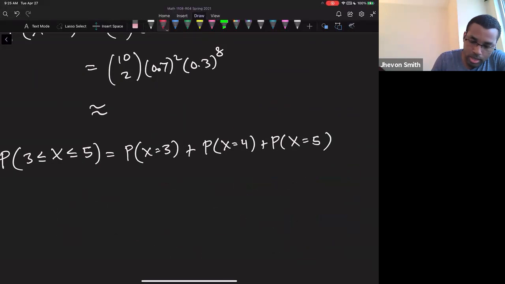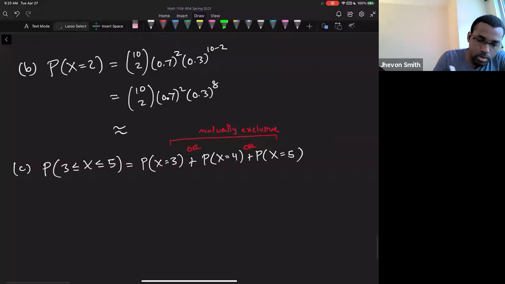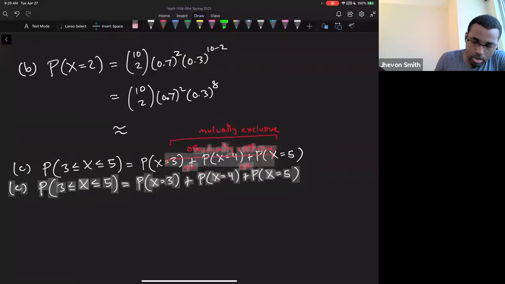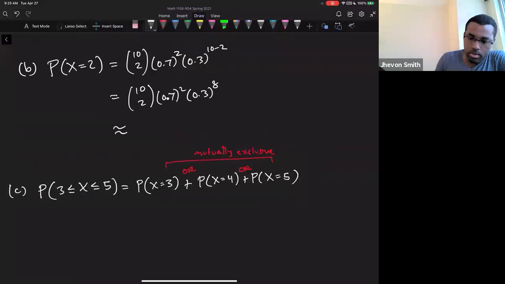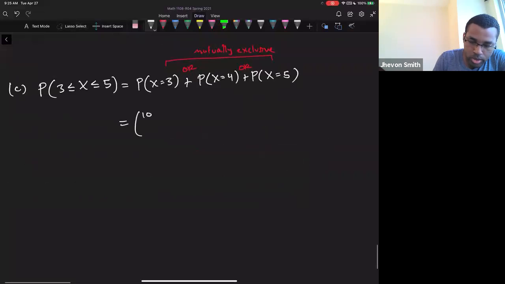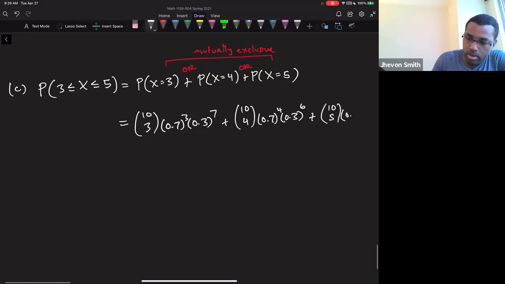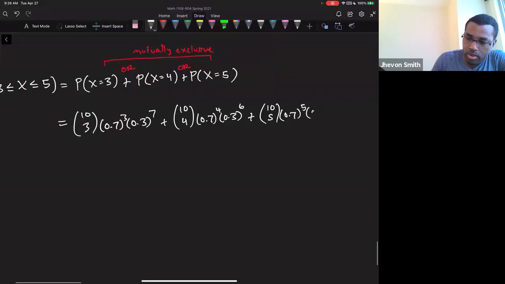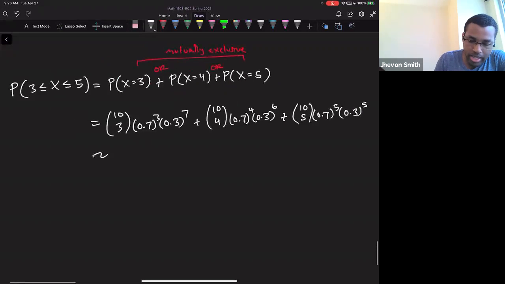Because this is "or," and these are mutually exclusive, this would be 10 choose 3, 0.7 to the 3, 0.3 to the 7, plus 10 choose 4, 0.7 to the 4, 0.3 to the 6, plus 10 choose 5, 0.7 to the 5, 0.3 to the 5. And then you add those up.